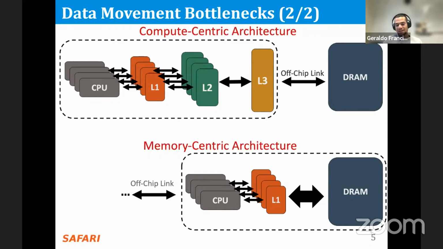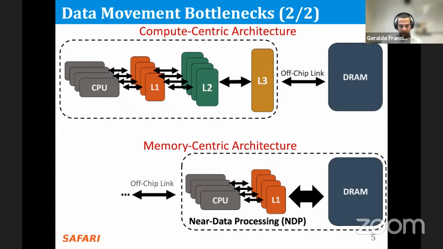In this way, the system can avoid the costly off-chip interconnect, which increases energy and also leads to performance bottlenecks, while benefiting from the high DRAM bandwidth that is provided when you are inside the DRAM chip itself.